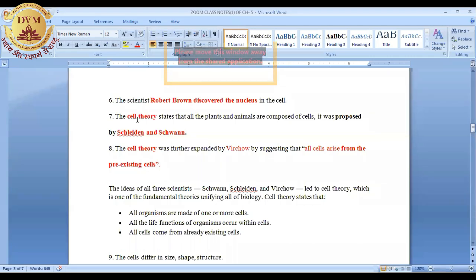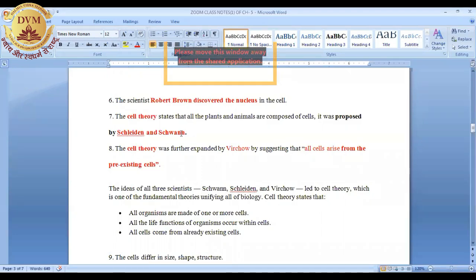Next, the cell theory states that all the plants and animals are composed of cells. In the beginning, this statement was proposed by the scientists Schleiden and Schwann. What does it mean? Now, all of you mostly know that all the plants and animals are made up of cells.